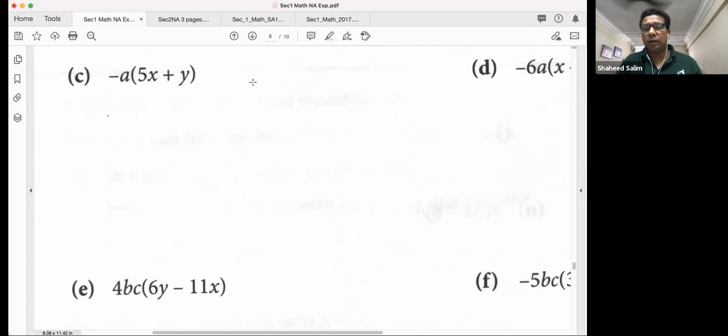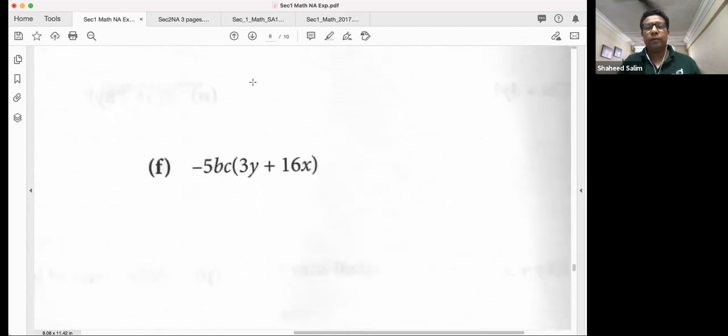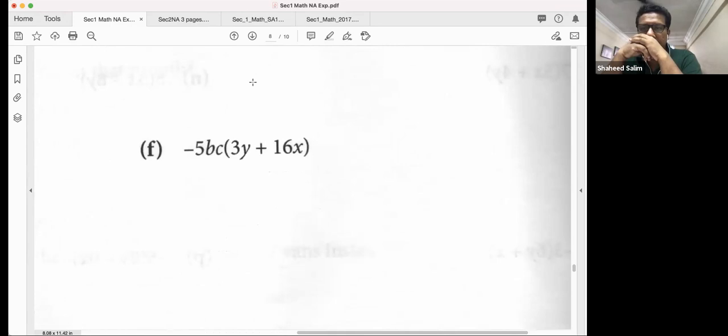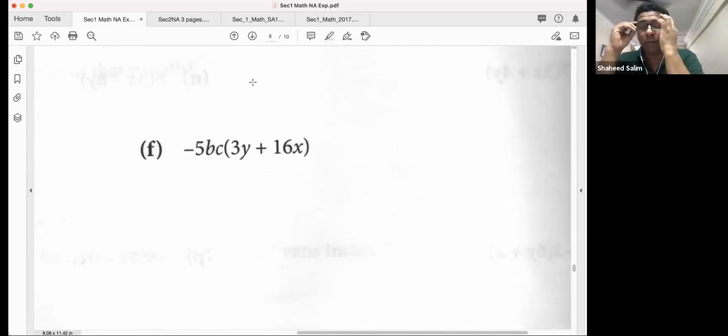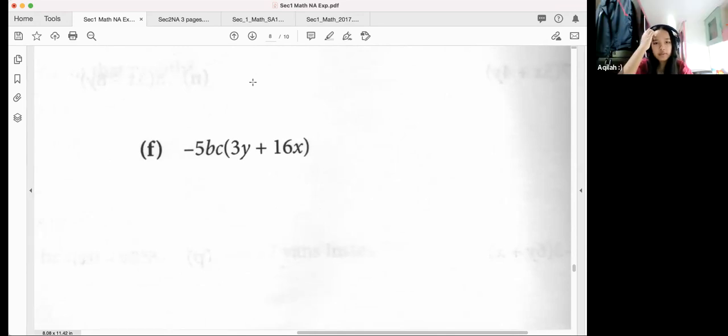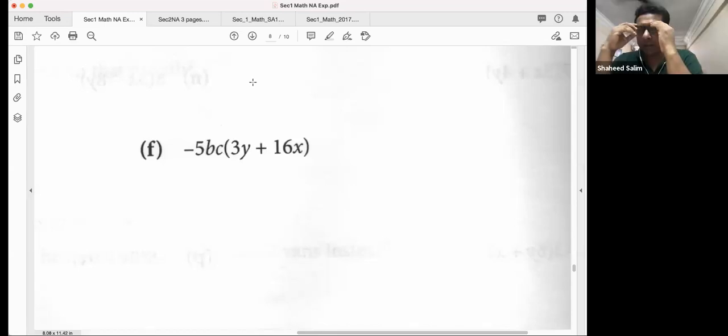Can we try F? Negative 15bcy plus 80bcx. Okay, can you try to write down, this time you do the working on the paper, do you get a different answer? Can you just try?